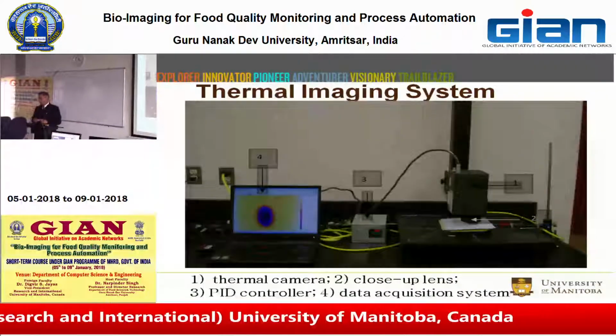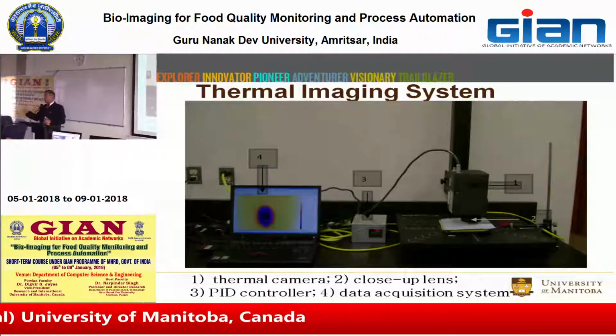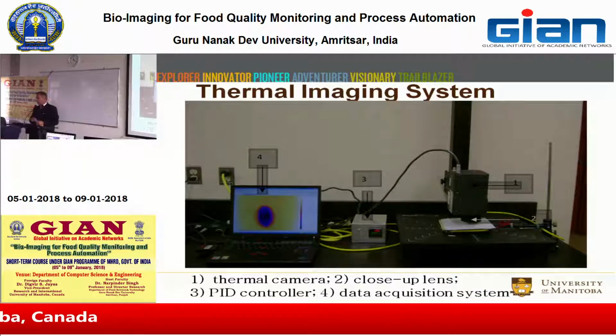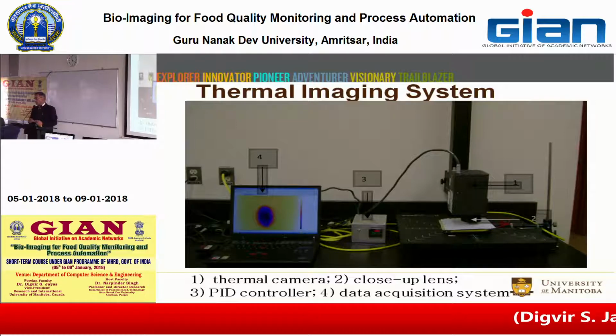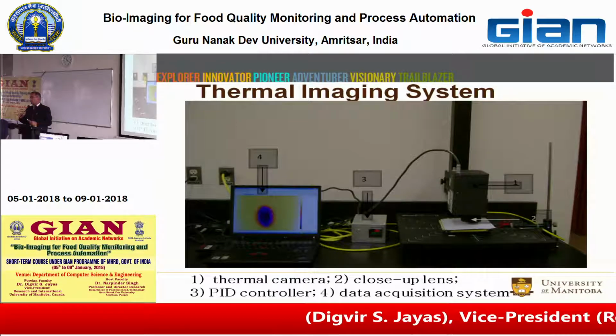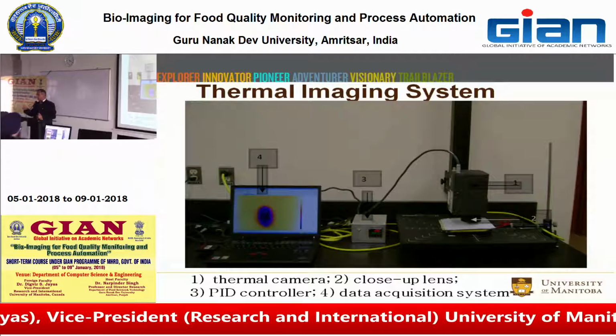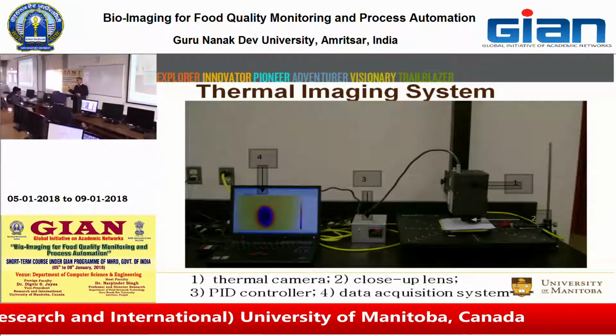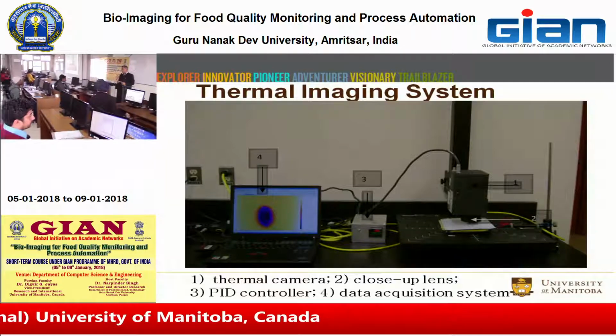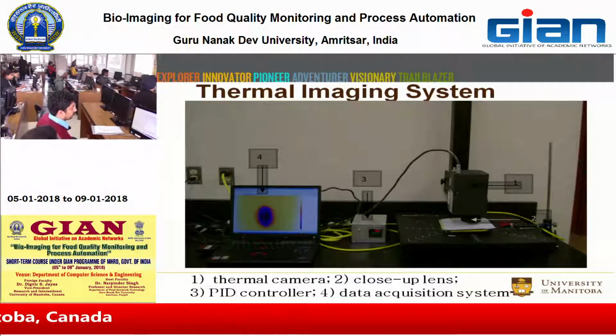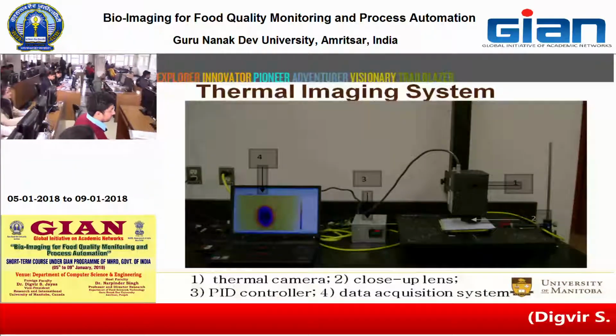Then 3 is basically your PID controllers, and I would explain why that PID controller is needed in this particular example. PID controller is nothing to do with the thermal camera to take the images, but it is to heat the sample, and I would explain that. And then number 4 is basically again you acquire the image and then do the data analysis.